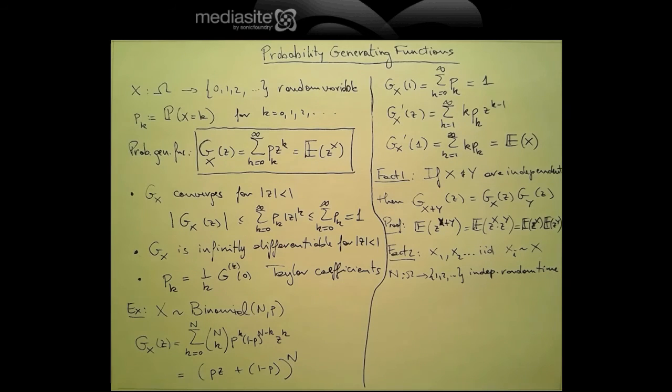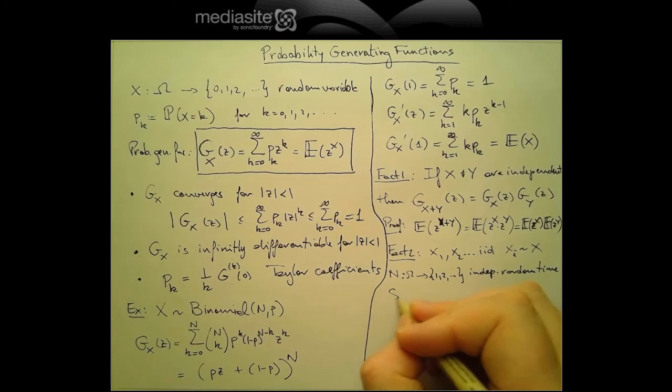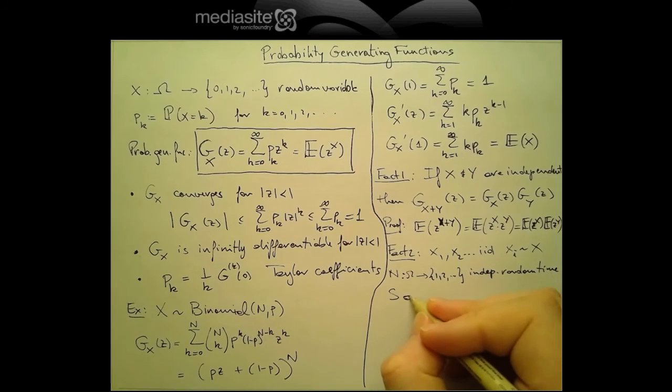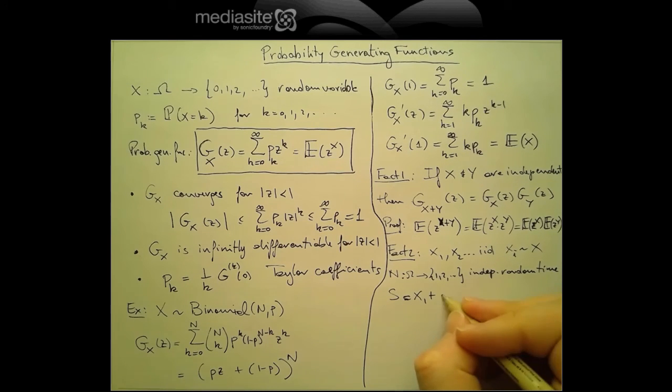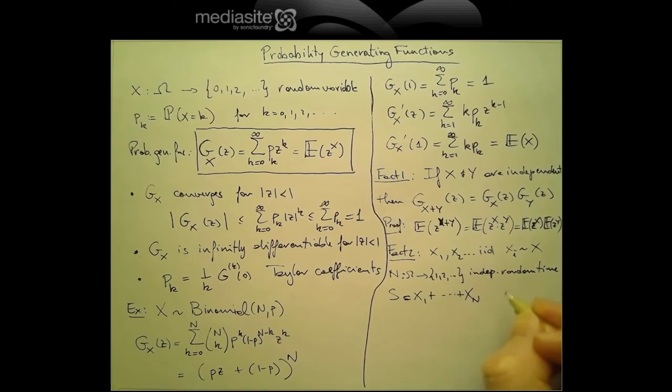Okay. Now let's take the random sum, where you sum X1 all the way up to XN.